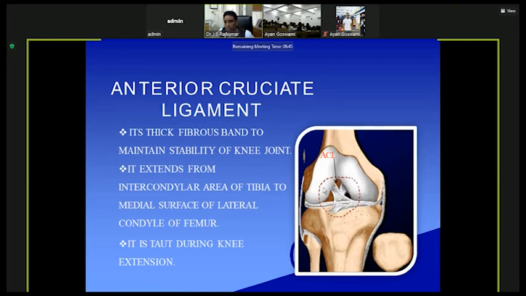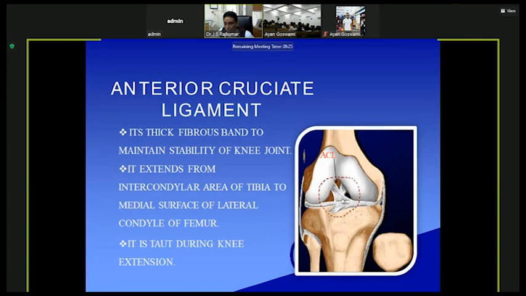Very, very important. Remember that the anterior cruciate will get inserted into the medial aspect of the lateral condyle of the femur. The posterior cruciate will get inserted into the lateral surface of the medial condyle of the femur. Very, very important.